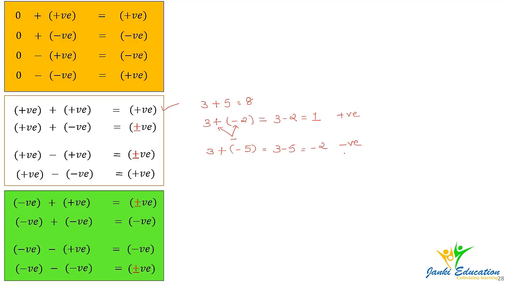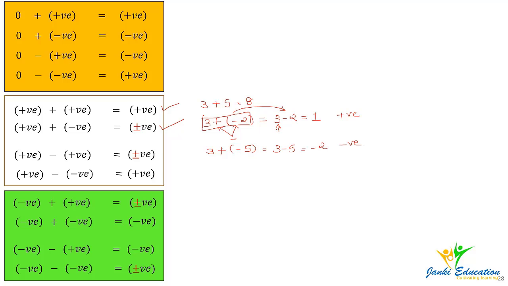Now in this case, what we have seen is positive plus negative is either positive or negative. So here if you see 3 minus 2, 3 is positive, the larger number, right?